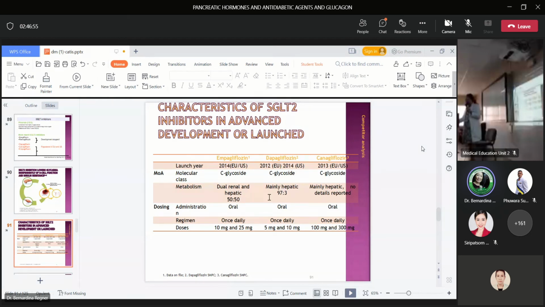You have here empagliflozin, dapagliflozin, and canagliflozin. Dosing is oral administration, 10 milligrams and 25 milligrams for empagliflozin, once a day, also 5 milligrams and 10 milligrams for dapagliflozin, and 100 milligrams and 300 milligrams for canagliflozin.